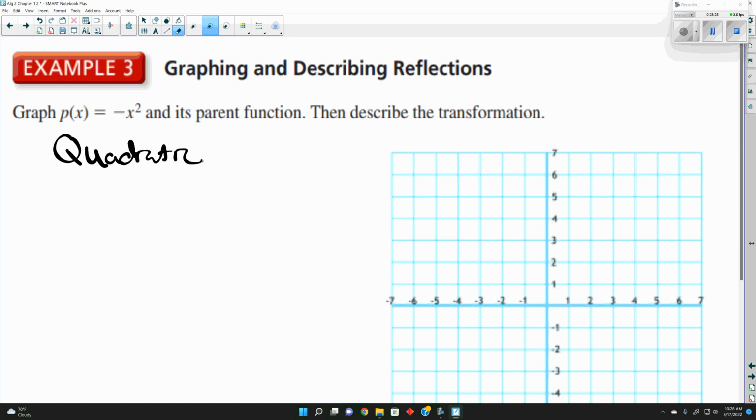But we do have a negative, yes? Is it inside parentheses? Is it outside the parentheses? If it's inside parentheses, it's reflected across the y. So if it's outside the parentheses, it's going to be what? Reflected across the x-axis.